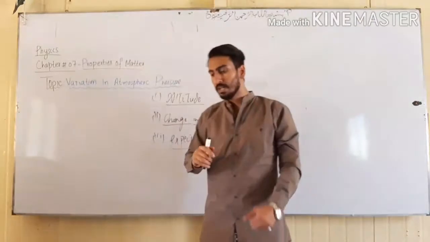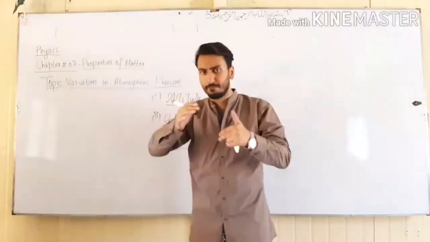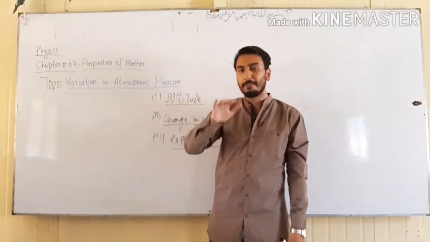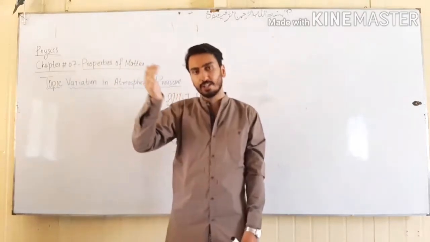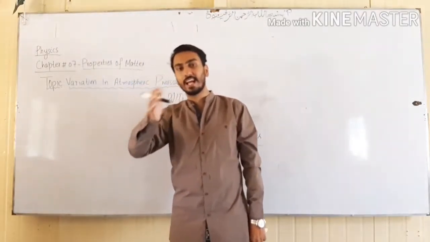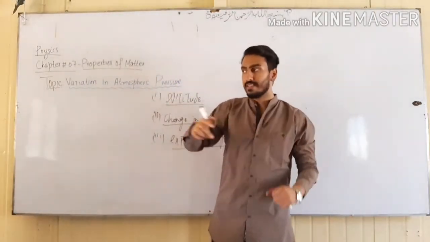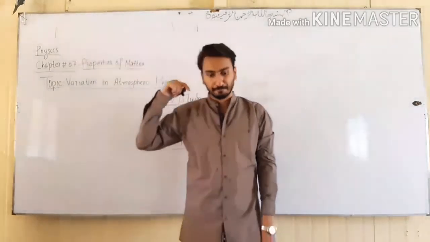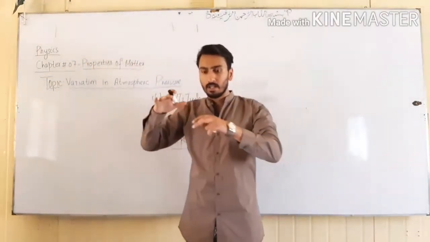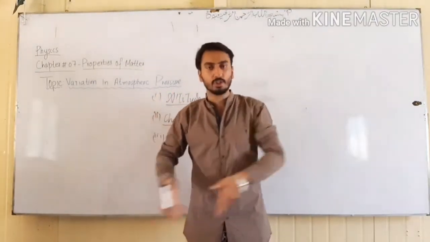The reason is when there is an average and gradual fall in atmospheric pressure. Gradual means step by step. When atmospheric pressure decreases gradually or on an average basis, it means that there is a low pressure in our neighboring regions, because the pressure goes from higher concentration to low concentration.